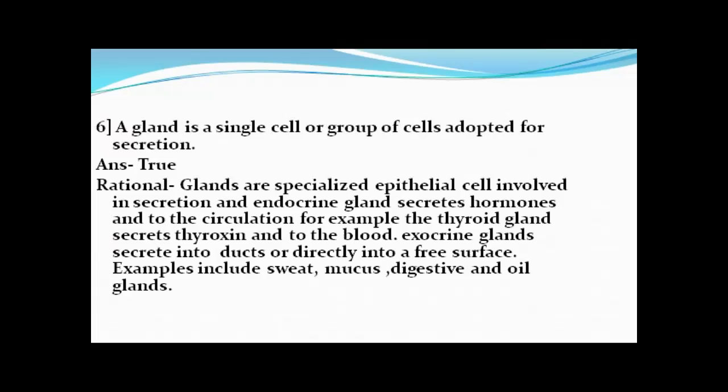For example, the thyroid gland secretes thyroxine into the blood. Exocrine glands secrete into ducts or directly onto free surfaces. Examples include sweat, mucus, digestive, and oil glands. So the answer is true.